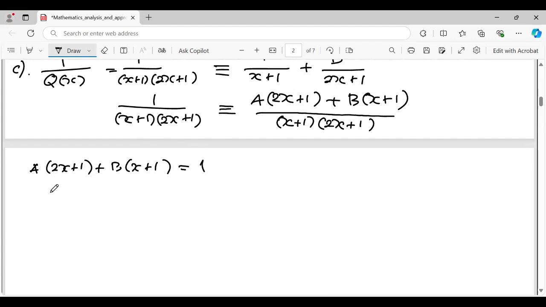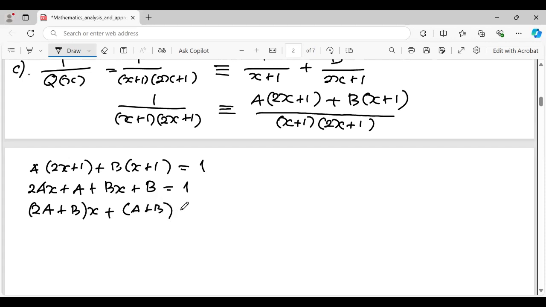And after that, multiply: 2Ax plus A plus Bx plus B equals 1. And factorize: 2A plus B times x plus A plus B equals 1.